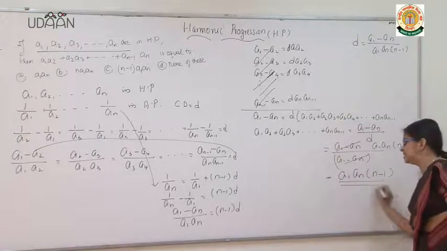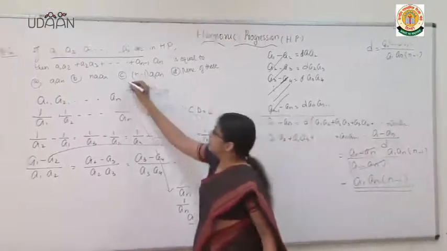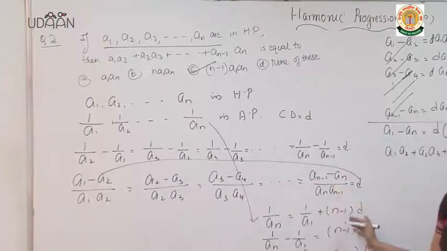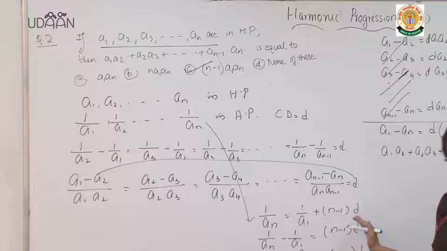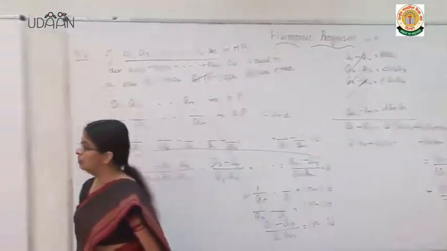We have eliminated D. See which option is correct? N minus 1 into A1 into An, that is option C. Is that clear to you? Let us proceed to the next question. Question is written on the board.